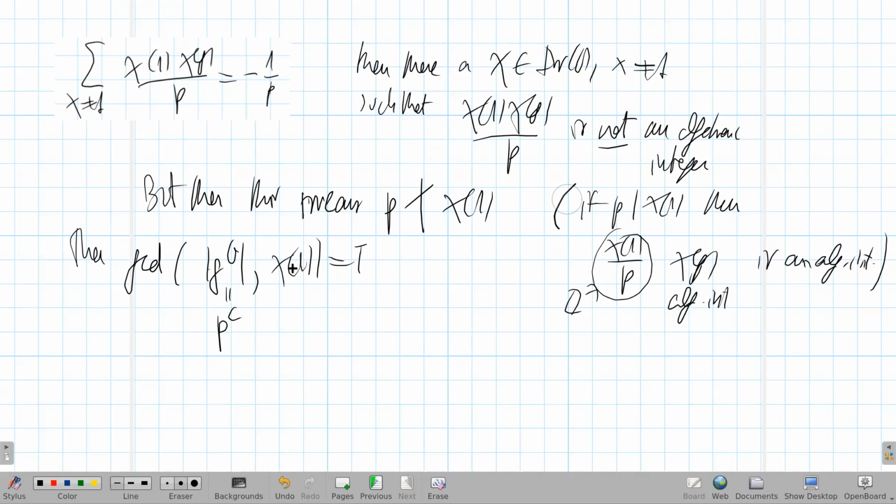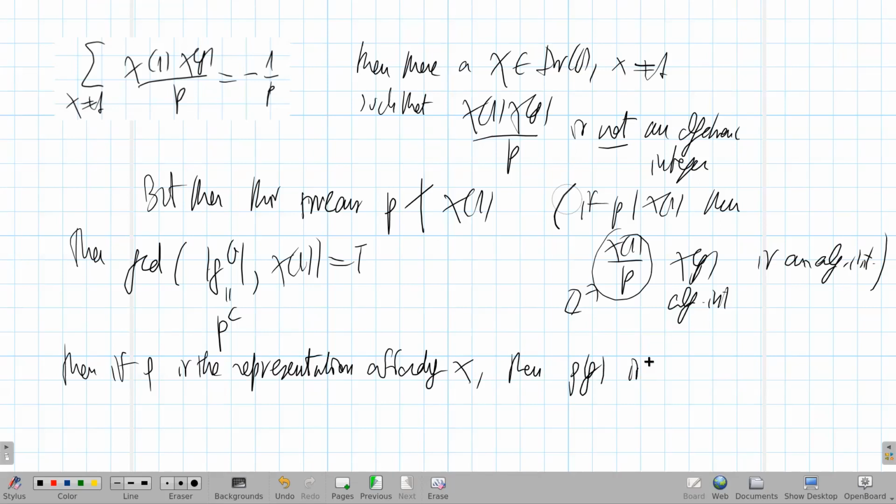But remember, we had this lemma. We said that in this case, if rho is the representation affording chi, then rho of G is a scalar matrix.